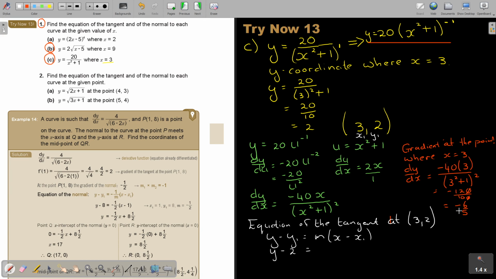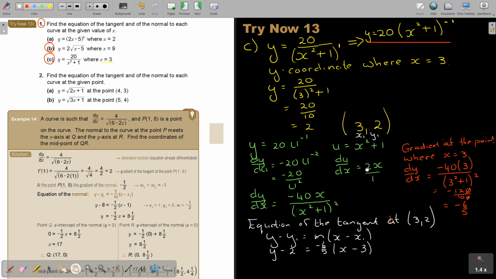Okay, so now I have my gradient, you see? So it's going to be negative 6 over 5, and it's going to be x minus x1, which is 3. And now I move up a little bit.